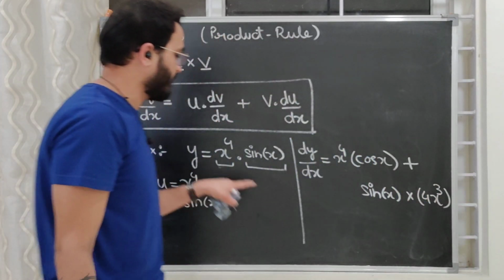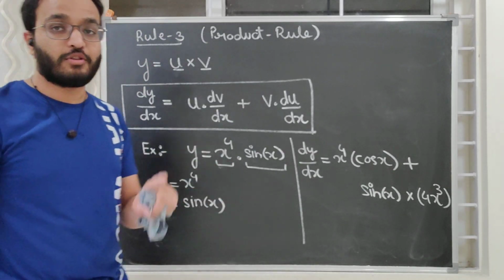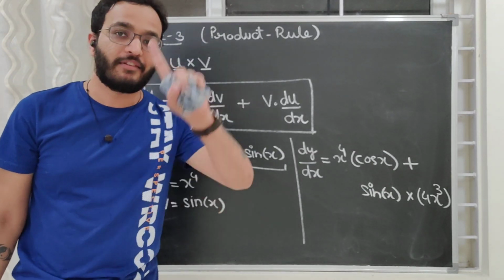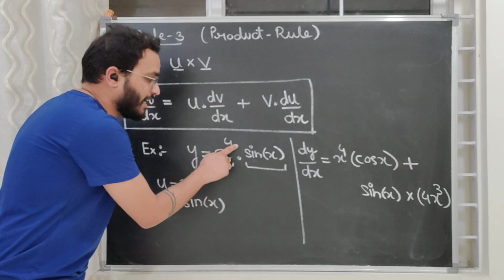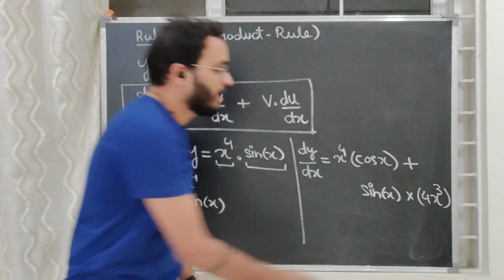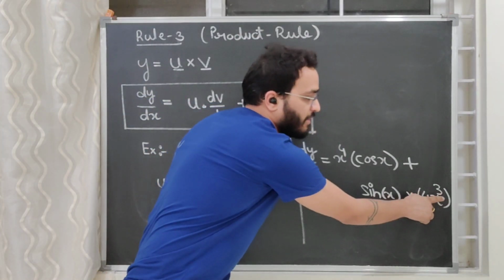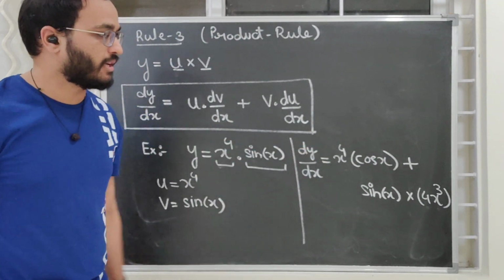Now you will say, sir, how did we differentiate x to the power 4? Now you remember x to the power 4 means x to the power n. So 4 will act as n and we will say n x to the power n minus 1, which in this case will become 3.